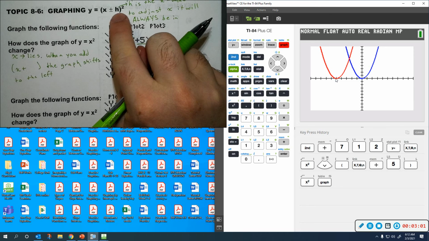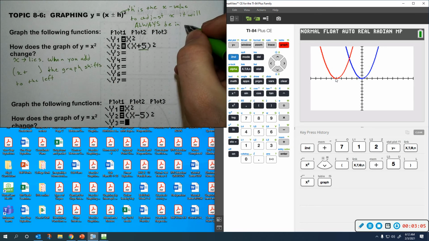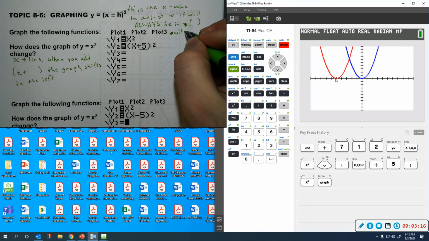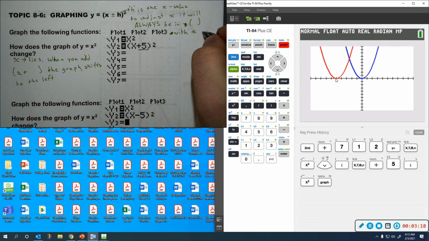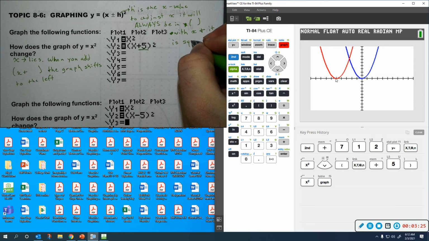And it's going to be in the parentheses with the x, and it's going to be squared. Here, I'll just use a symbol. It's always going to be in the parentheses with x, and it is squared.